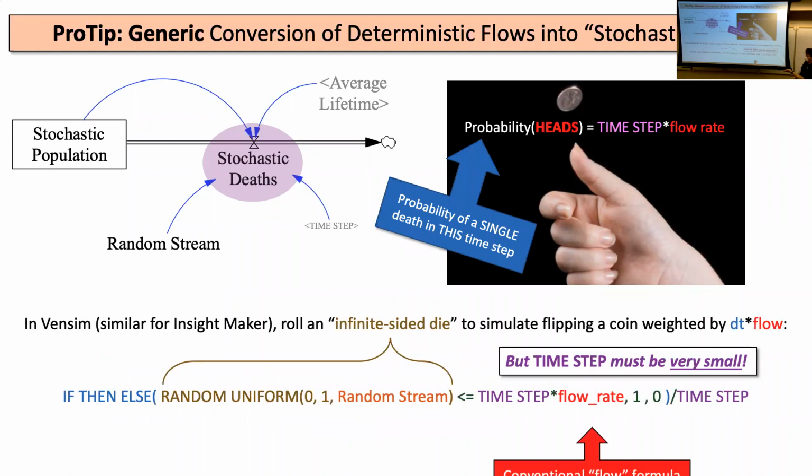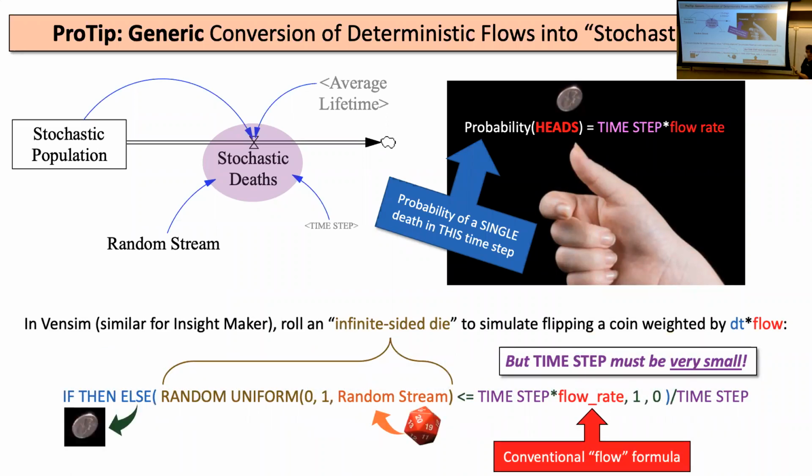Once we have that, we can go into Insight Maker, and it's got these little things like this if-then-else here. So what this expression says is basically this flow rate fits into here, and it sets up a probability, and it will generate a random number between 0 and 1 that's uniformly distributed, and it will compare that uniformly distributed number to the probability that we calculate, this time step times flow rate.